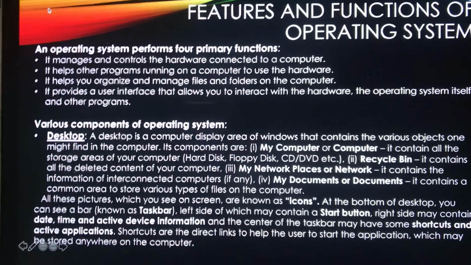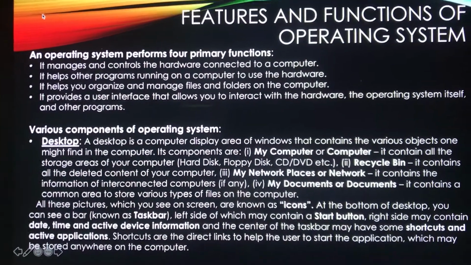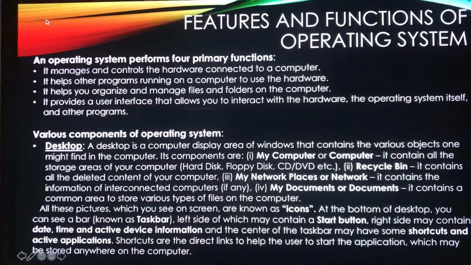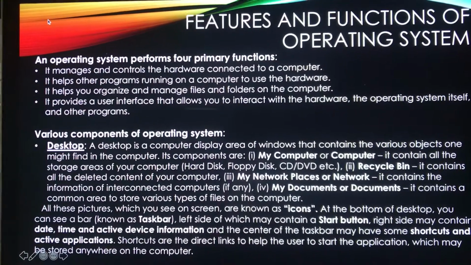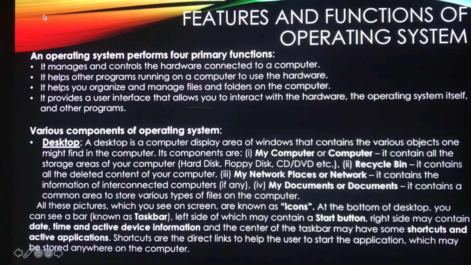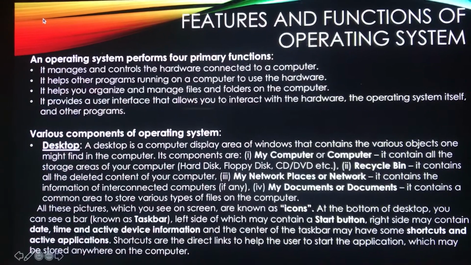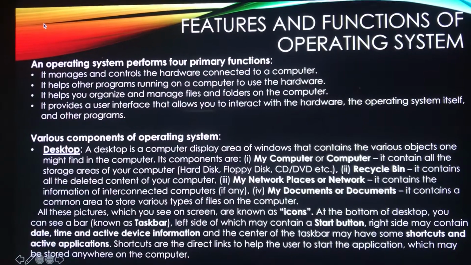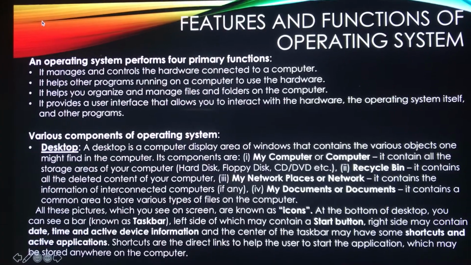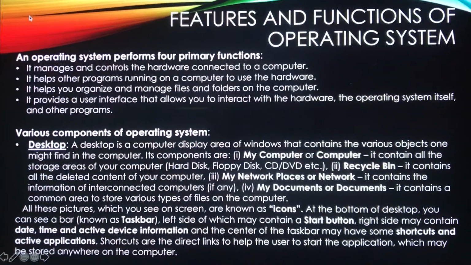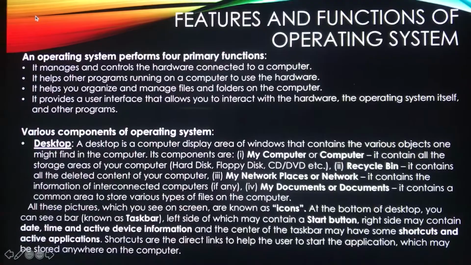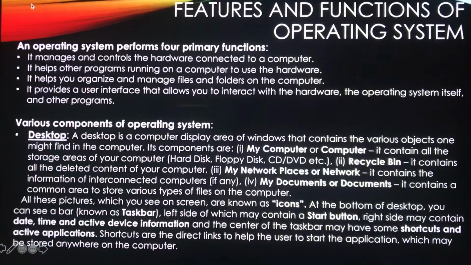The information will be there under this option. And next we have My Documents or Documents. It contains a common area to store various types of files on the computer. You may find some more pictures on the desktop with self-explanatory labels. These are the famous ones that I have told you just now, but there are more also.